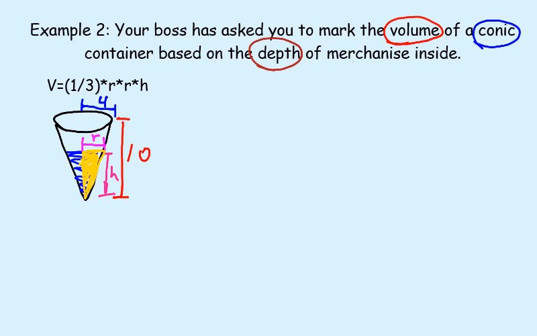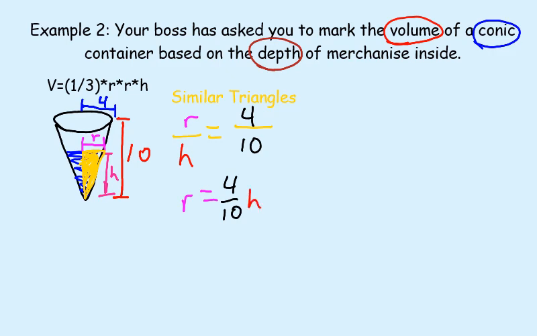So r divided by h must be equal no matter where I am. Therefore, I'm going to set up an equation with r and h on one side and my maximum radius and maximum height on the other side. Now I just solve this equation for r and put the result into the volume formula.